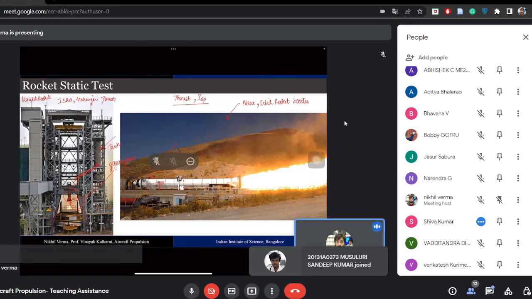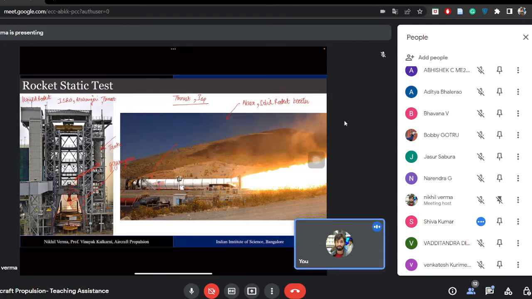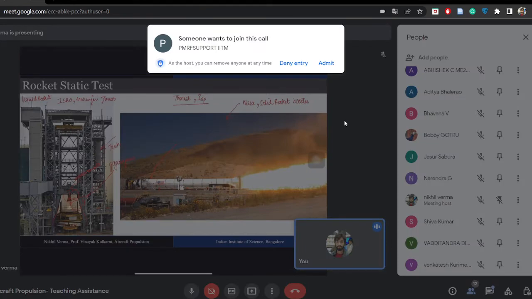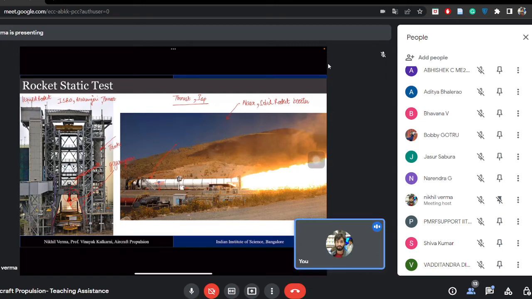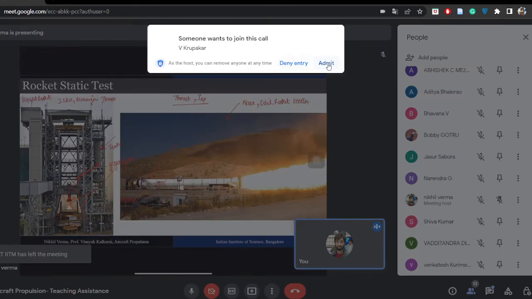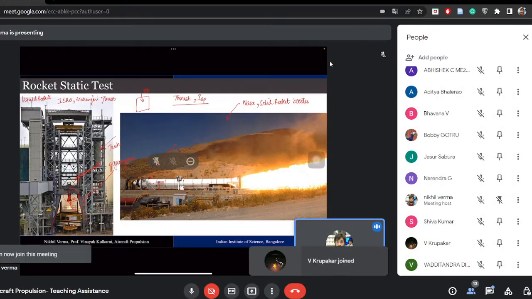The answer is not that, because the injector injects the fuel at a very high velocity. To give you some numbers, the injection pressure is nearly around 100 megapascals, and the chamber is around 60.